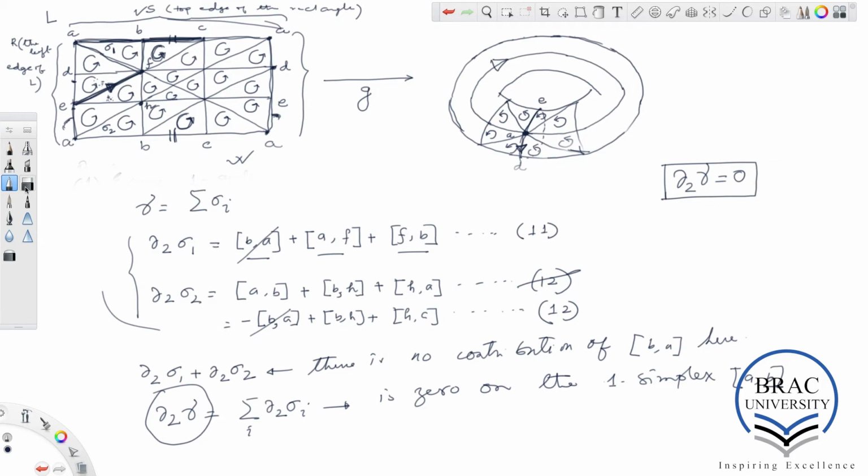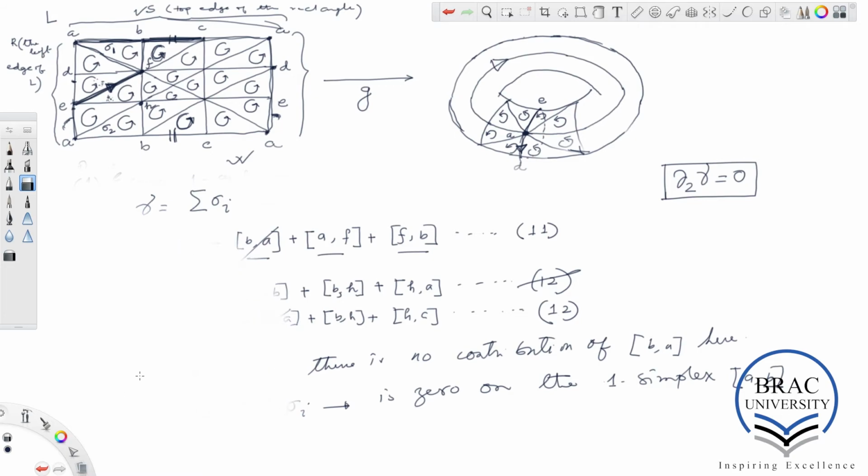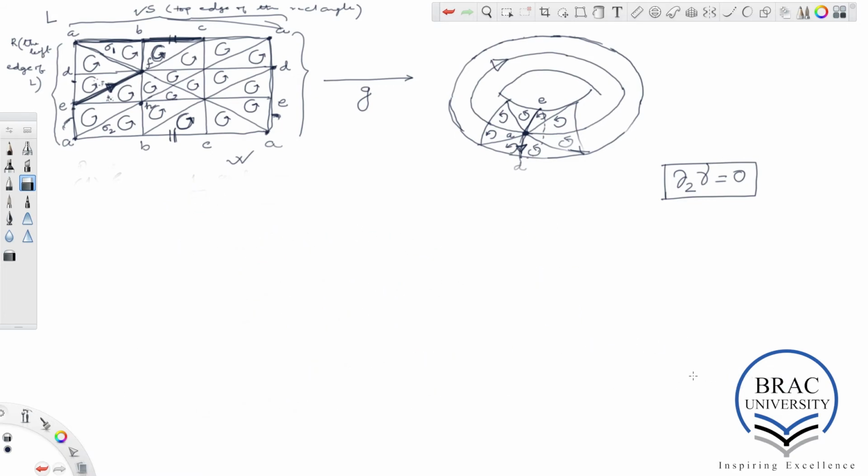Okay, so now using these four facts, we are going to compute the homology groups of the two torus.